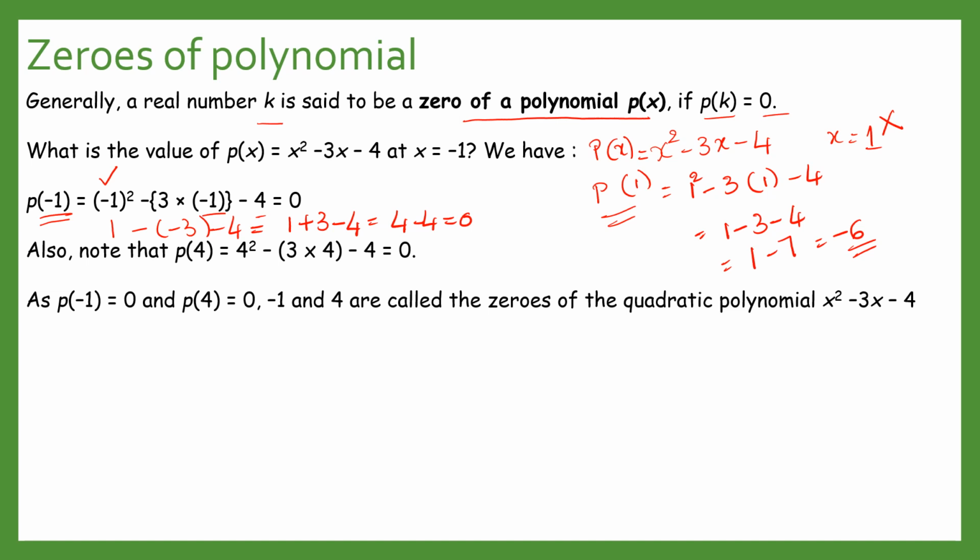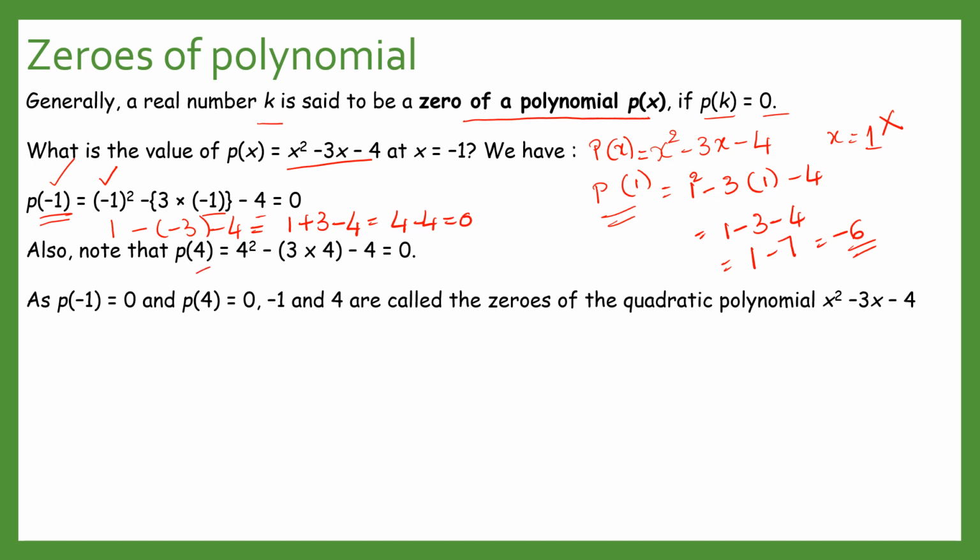Similarly, you know that this p of x, x square minus 3x minus 4, is a quadratic polynomial. Because the degree is 2, you will have two solutions. Zeros of the polynomials are nothing but the solutions. So one zero of the polynomial is minus 1. You will have another zero of the polynomial.